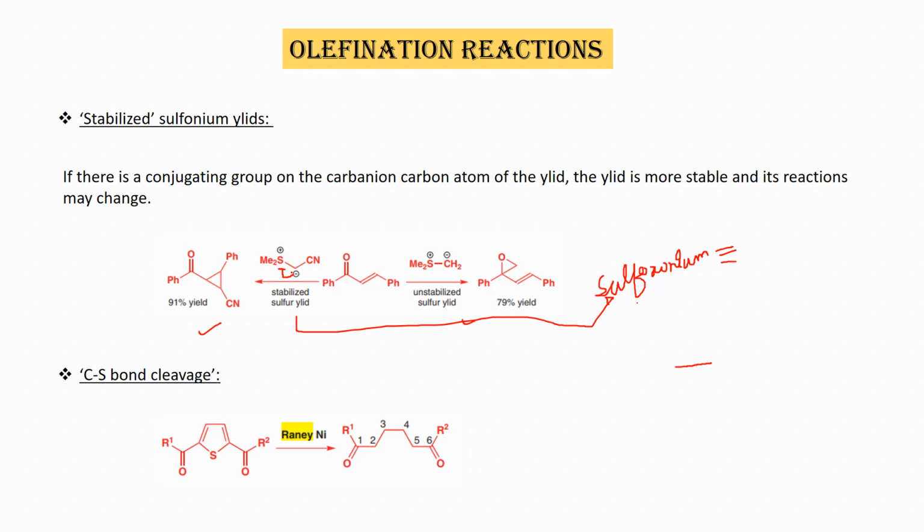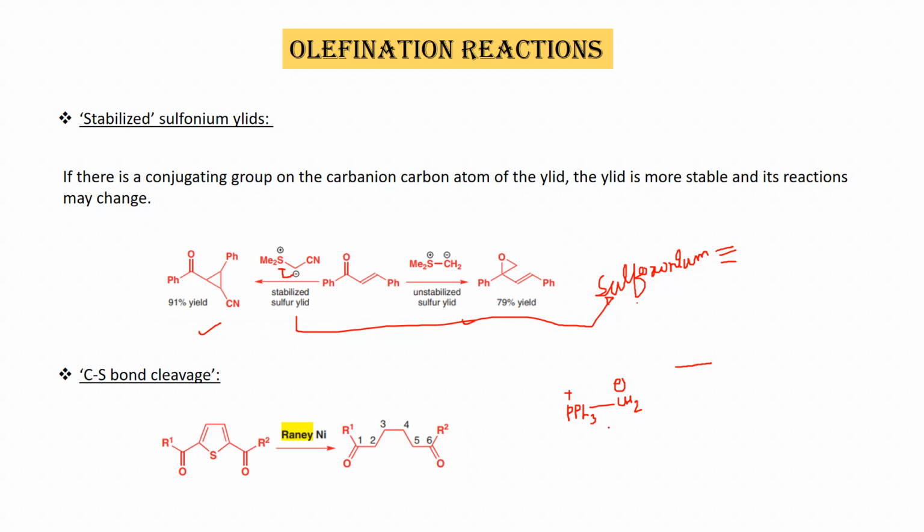So this type of compound is called ylide. There is another type of ylide called phosphorus ylide, which is like PPh3 plus and CH2 minus. Here also two charges are side by side. This is also a ylide. This is called phosphorus ylide, which is used in the Wittig reaction.